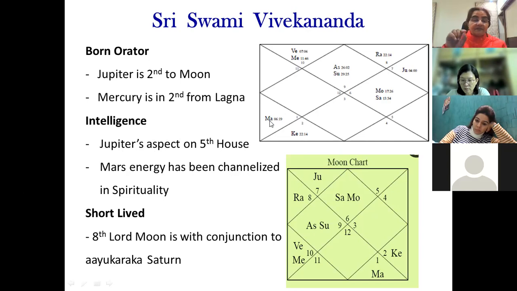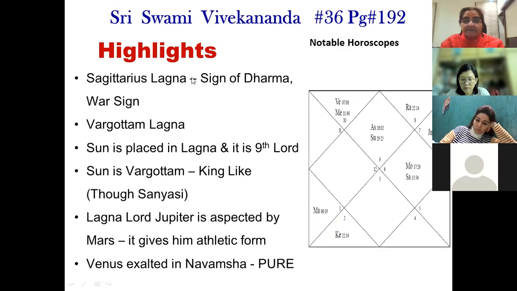See, one important thing I want you all to understand: we know that Jupiter is aspecting Mars and Mars is aspecting Jupiter. But when we were discussing the Lagna part, we just said Mars is aspecting Jupiter. The Lagna Lord is aspected by Mars, so Mars's quality, the athletic build he had.